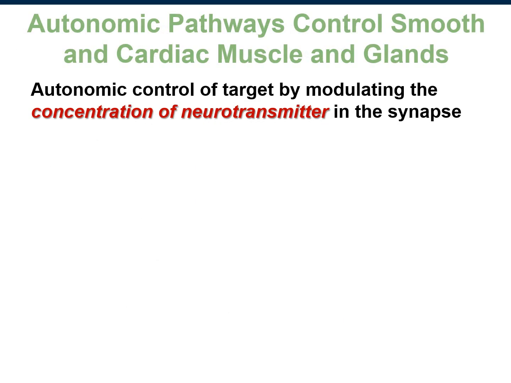And I'm going to reinforce the idea that termination, the ending of signaling, is critical. And we do that by modulating, by changing the concentration of neurotransmitter. So we can reduce it and reduce the effect, or increase it. Remember that we have three general ways of dealing with this: reuptake, enzymatic inactivation, and diffusion.